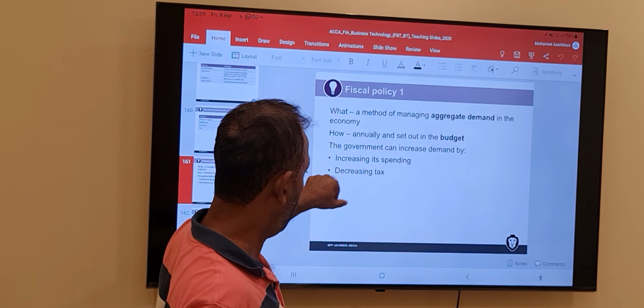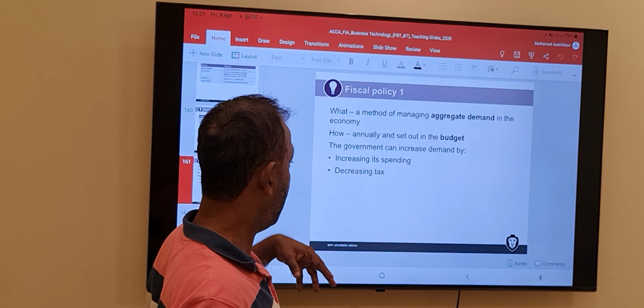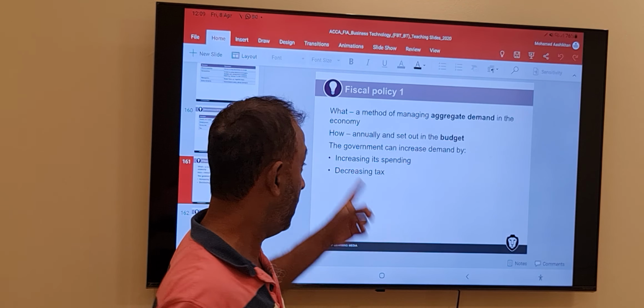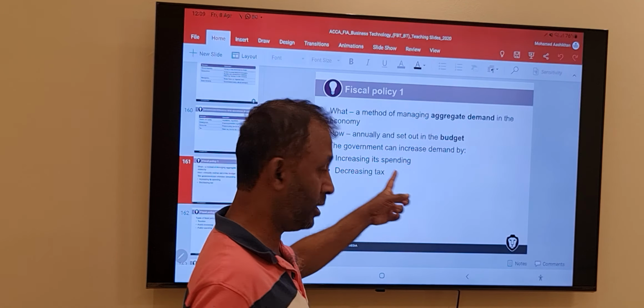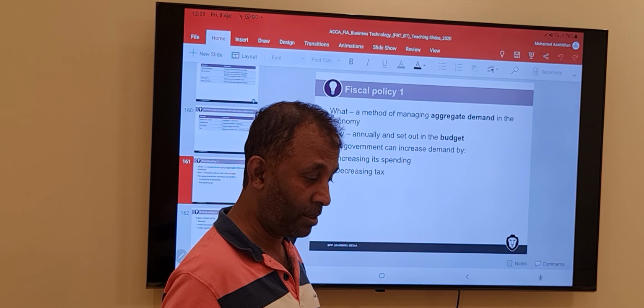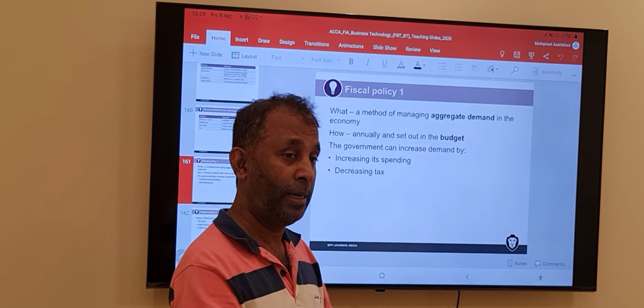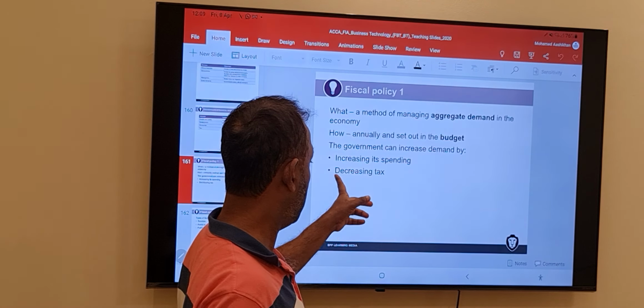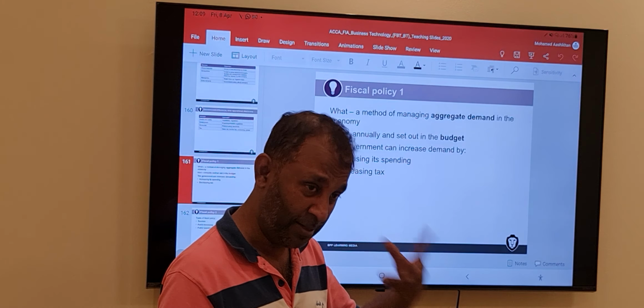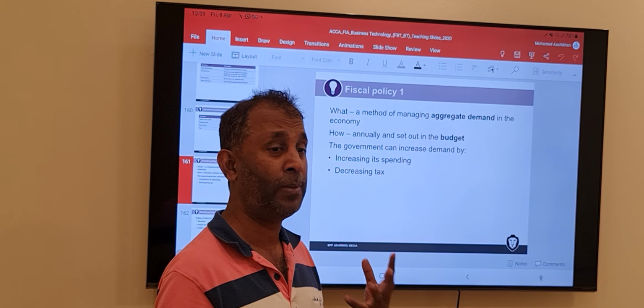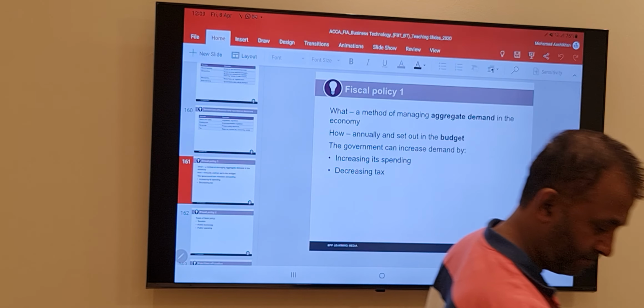By doing these two, the government can increase the demand, because if you set up a new project or spend more, then the public will tend to engage in more active investments. And if you decrease the tax, there is even more incentive for people to invest.